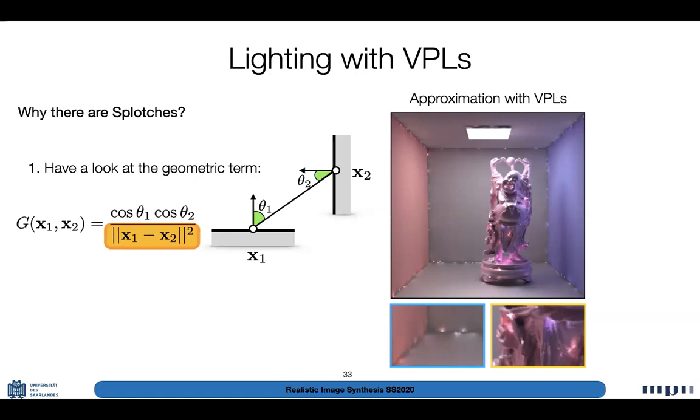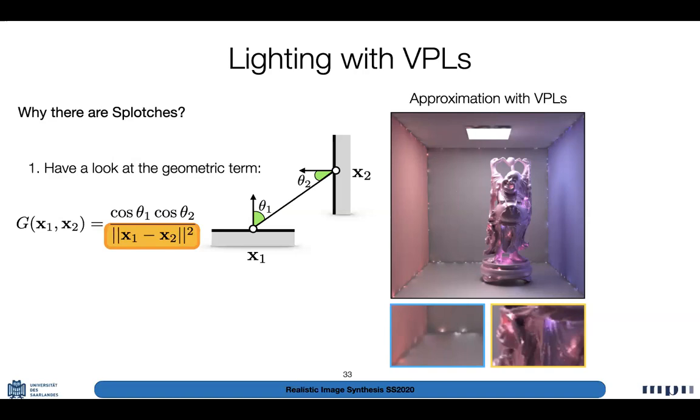And what it means is that, let's say x1 is your VPL, or let's say x2 is your VPL, the way we formulated it, then if x1 is too close to x2, that means the distance x1 minus x2 will be very small. And that will increase the overall contribution of that VPL by a large magnitude.